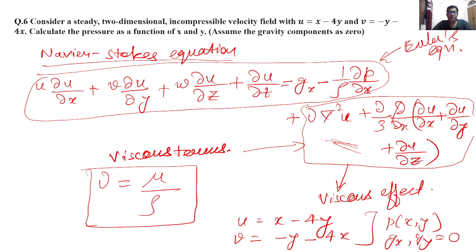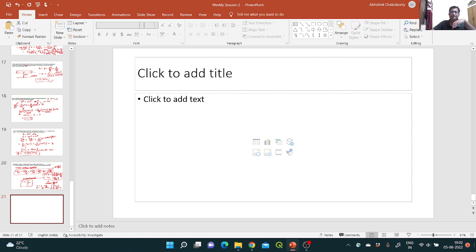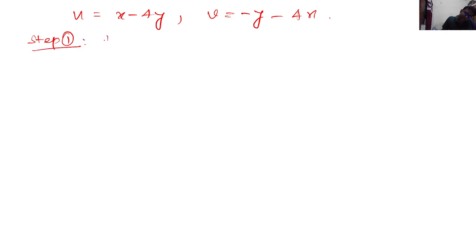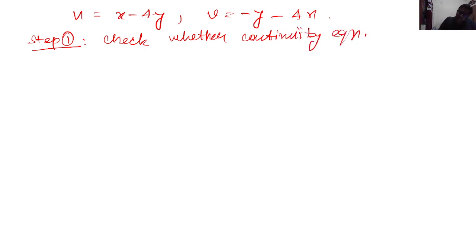Let's move to the next slide to understand it. Okay, so u is x minus 4y and v is equal to minus y minus 4x. The first step to any such problem is checking whether these even make sense or not. Check whether the continuity equation is applicable. Any fluid flow should always pass the continuity equation test.